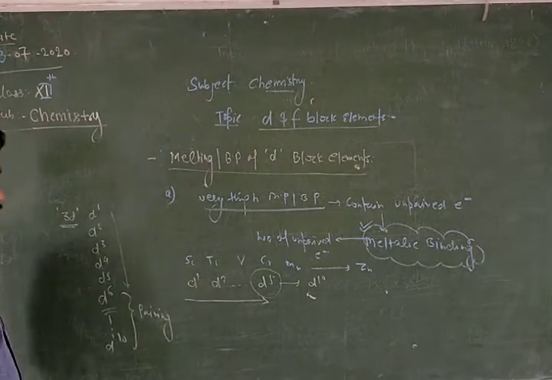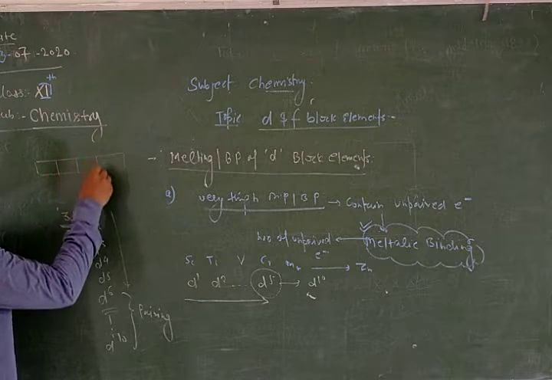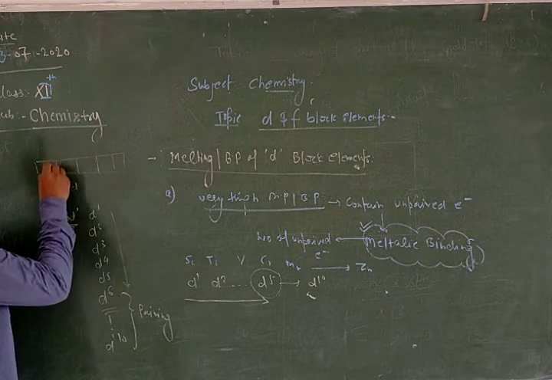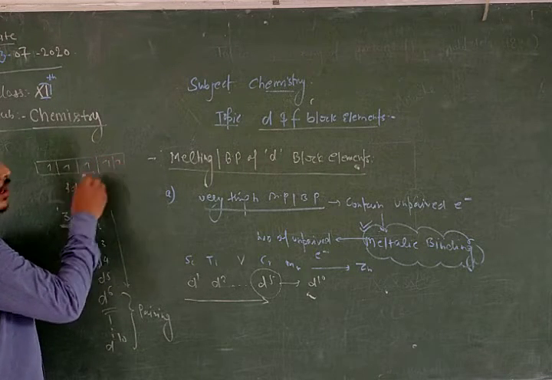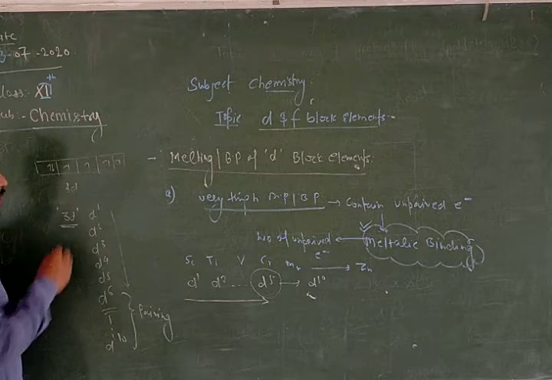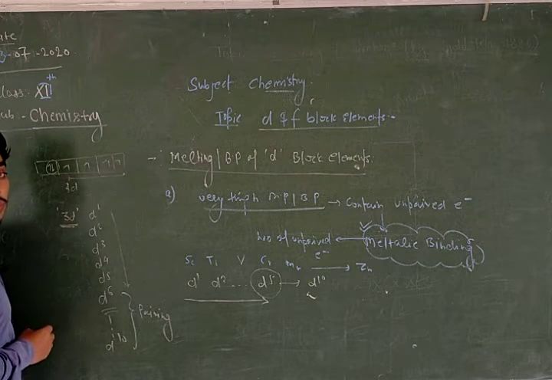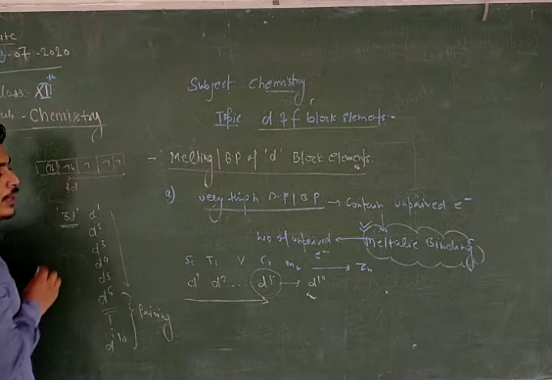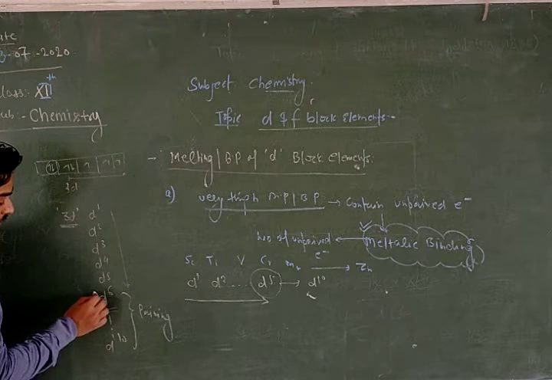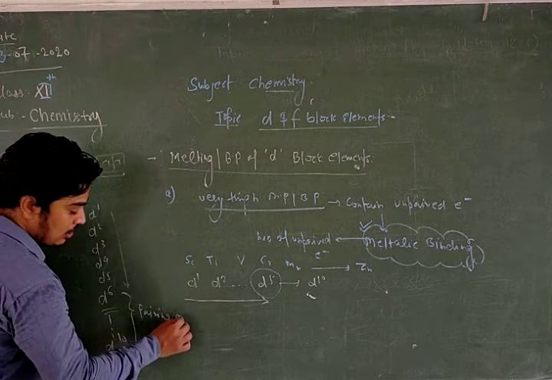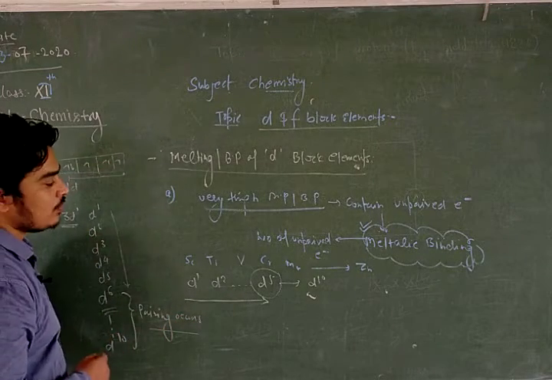There are 5 d orbitals in the 3D series. Till D5 there is unpaired one. After D5, at D6 it would be paired, means the number of unpaired electrons decreases to 4. Again at D7 paired, unpaired electrons decrease to 3. So after D5 pairing occurs, and due to pairing the number of unpaired electrons decreases.